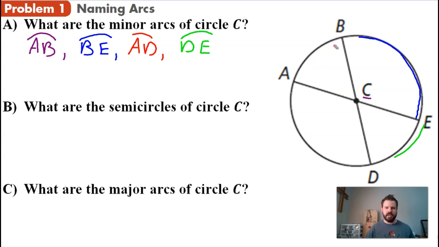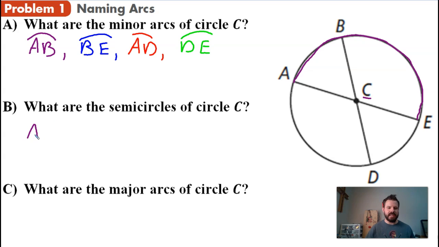All right, next we're talking about semicircles. Part B says, what are the semicircles of circle C? A semicircle is just half the circle. So for my semicircle, if I go from A all the way around to E, I can say that's a semicircle. Now, the trick with a semicircle or anything bigger than a minor arc is I need 3 points.